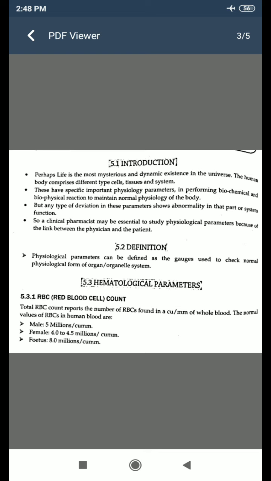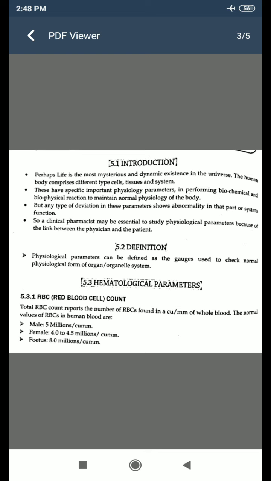The normal value of RBCs in human blood is: male 5 million per cu/mm, female 4 to 4.5 million per cu/mm, and fetus 8 million per cu/mm.